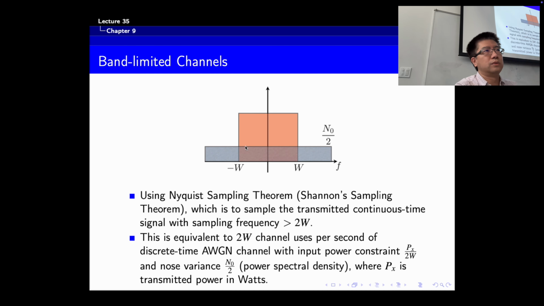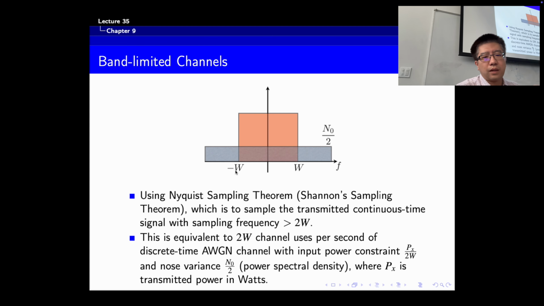They are continuous, but for the system it's still a discrete time system, okay? The way to connect a continuous time system to a discrete time system is via sampling, and here we use the Nyquist sampling theorem, so we can have a bunch of samples. That is the connection here.